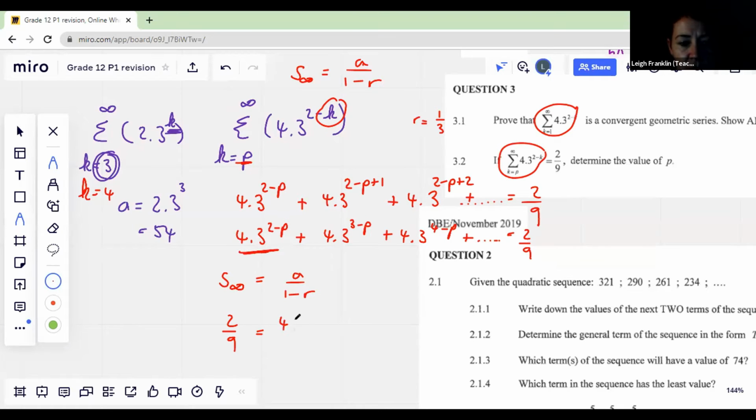A is 4 times 3 to the 2 minus p, all over 1 minus r, which was 1 over 3. Does that make sense to everybody?